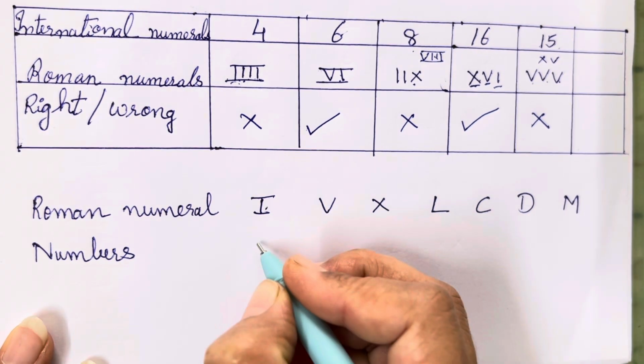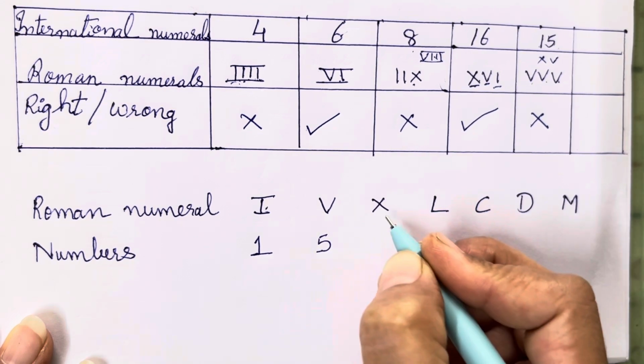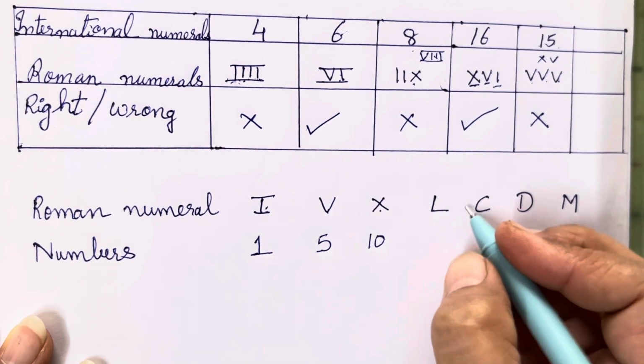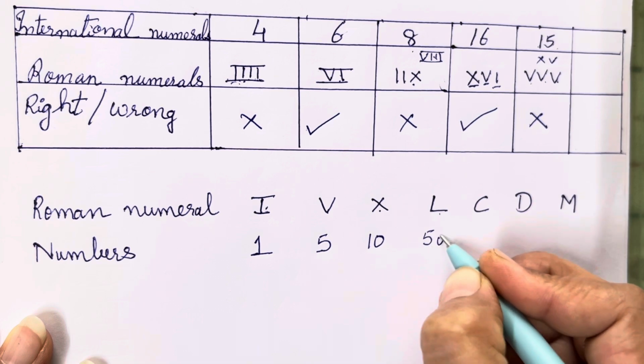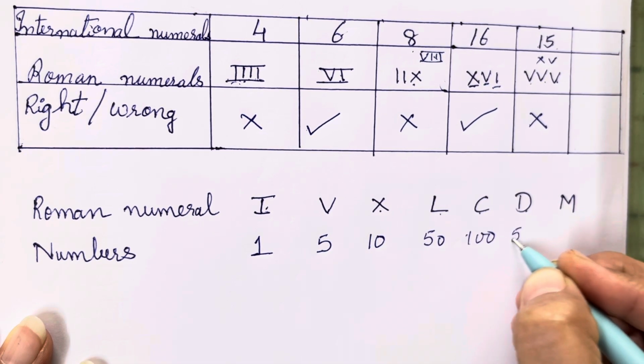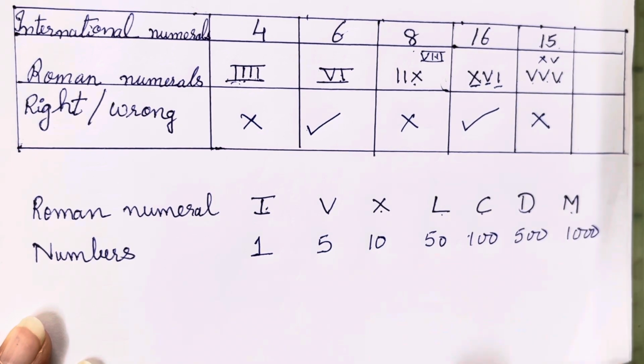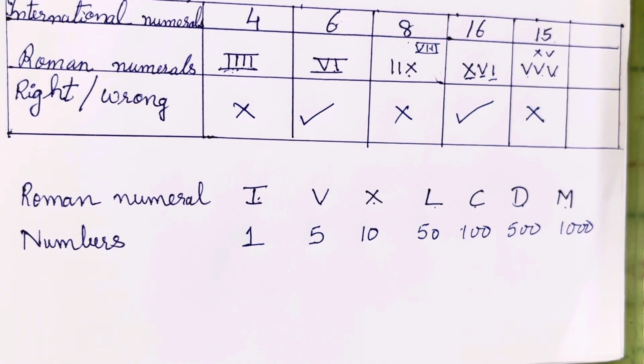So I means 1, V means 5, X means 10, L means 50, C means 100, D means 500, M means 1000. In this way you have to write the Roman numerals.